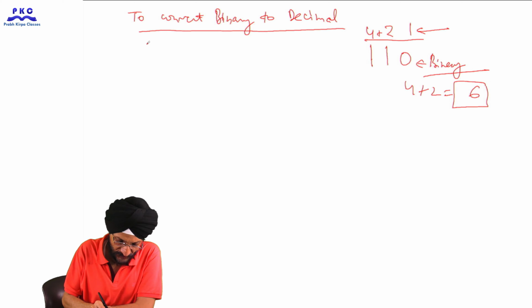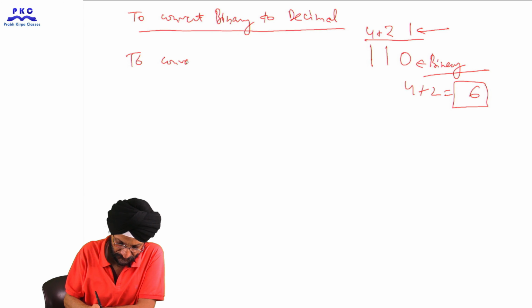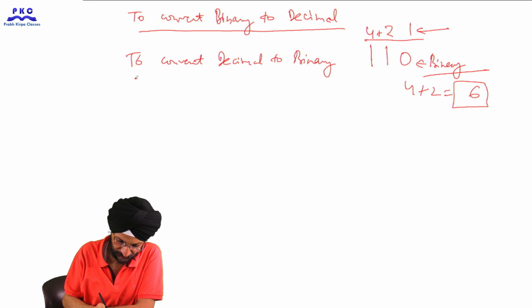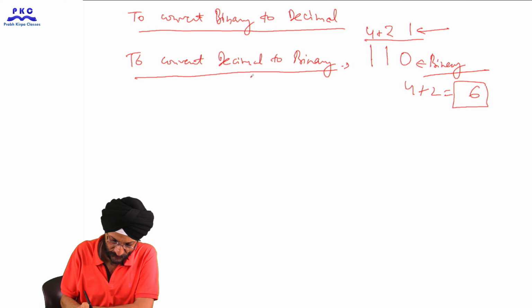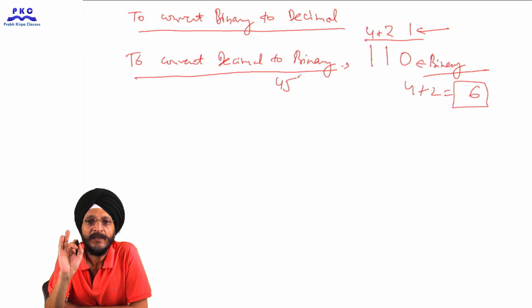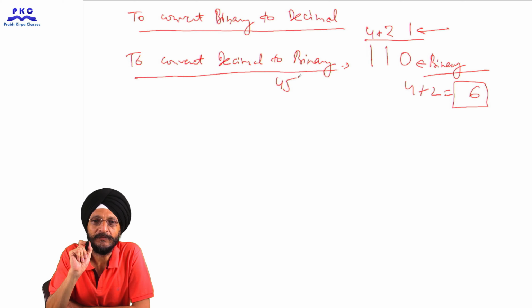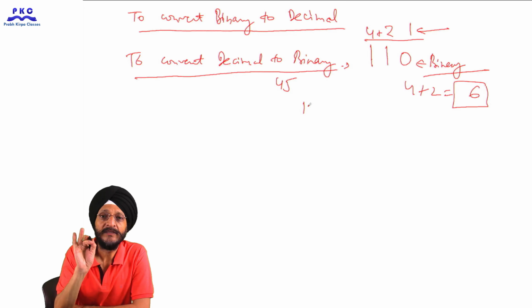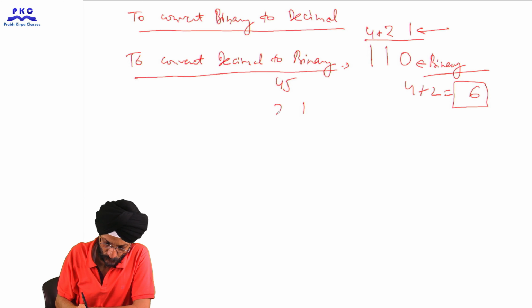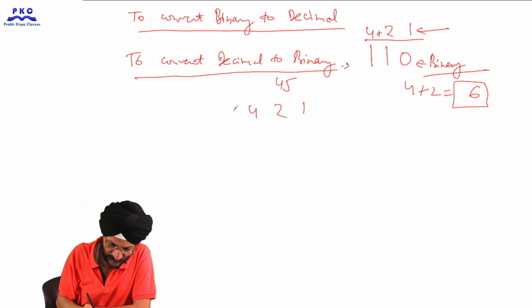Now what is the method to convert decimal to binary? Suppose we have the number 45 and we have to convert it into a binary number. We will again write the formula which we have used: 1, 2, 4, 8.